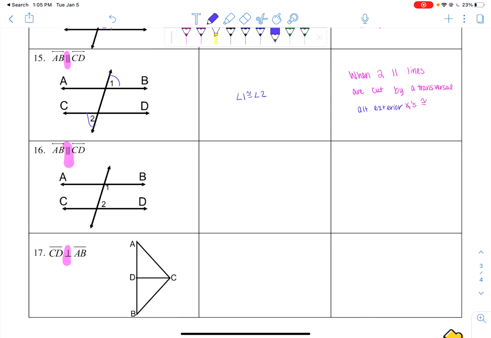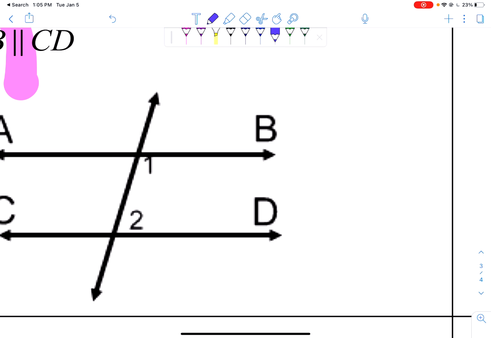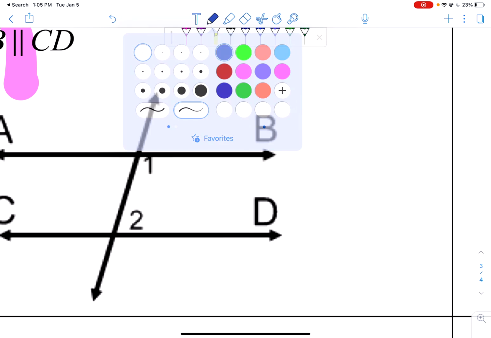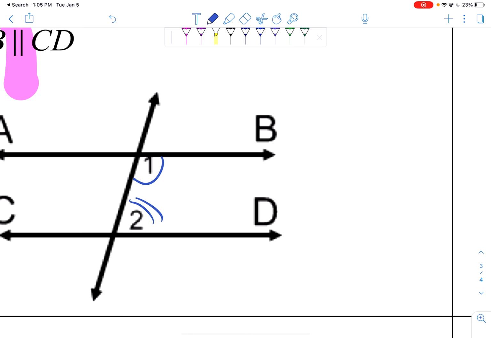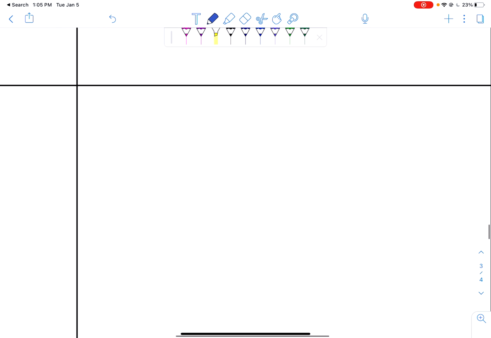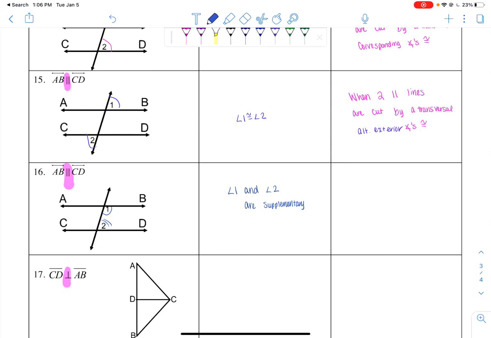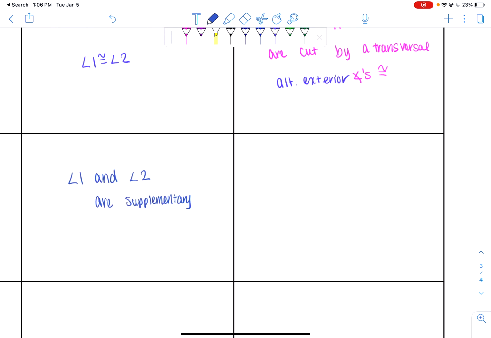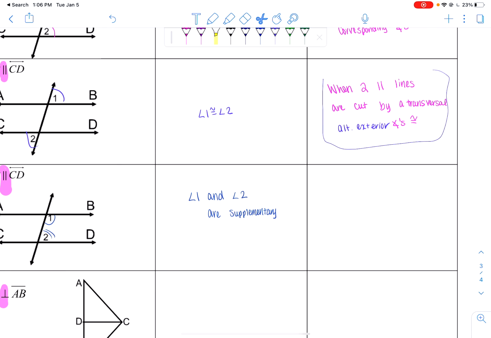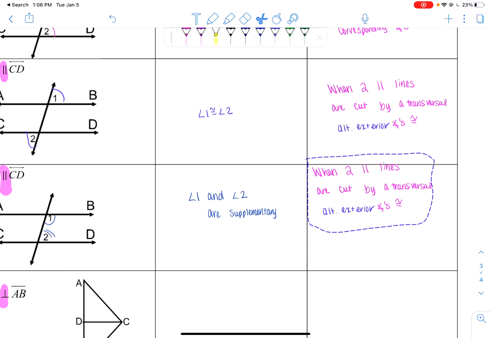And last but not least, I have angle 1 and angle 2 on the same side on the interior. They are not congruent, so when they're not congruent, they are supplementary to each other. So I can say angle 1 and angle 2 are supplementary. So my reasoning would be when two parallel lines are cut by a transversal, as you can see, it's very repetitive.